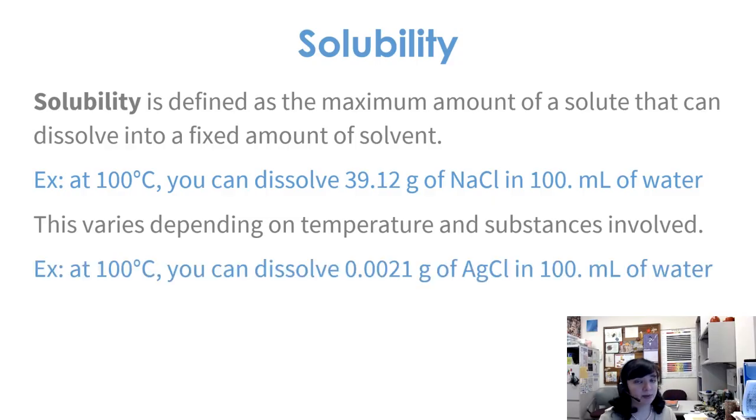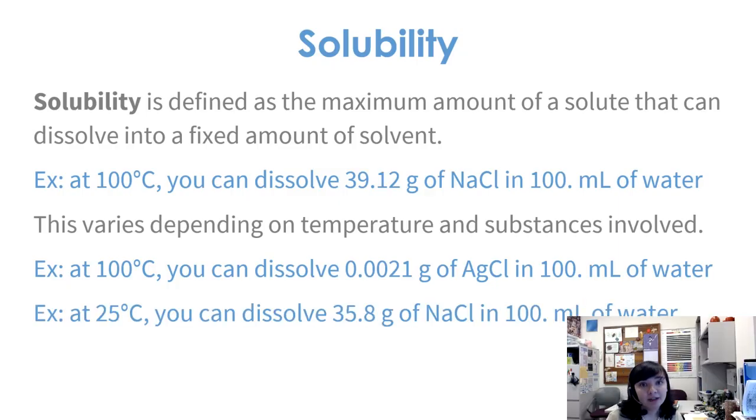For instance, we can change the solute and compare silver chloride being dissolved in water. For that same 100 milliliters of water at that same temperature, I can only dissolve 0.0021 grams of silver chloride. That's a much lower solubility, and that's just because of what interactions are taking place between the solute and the solvent, which we'll explore a lot more later in the chapter.